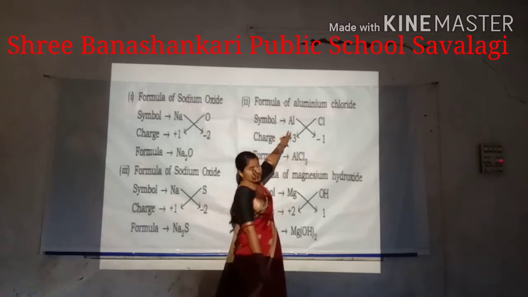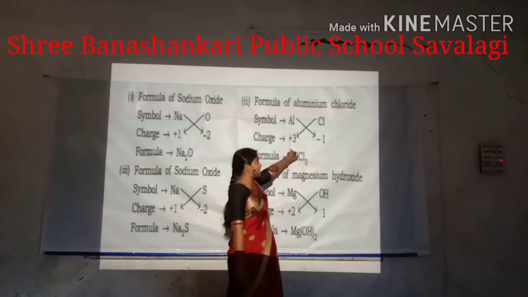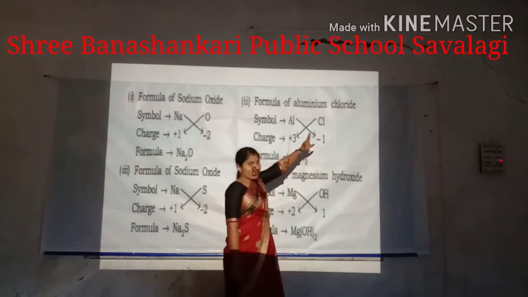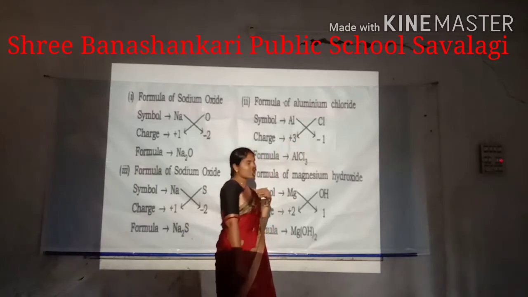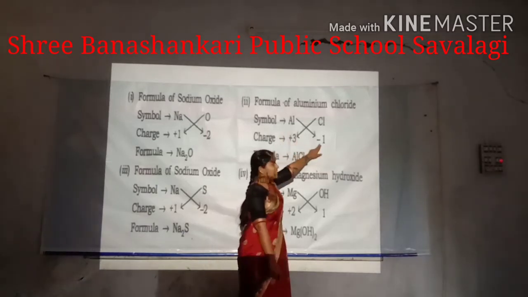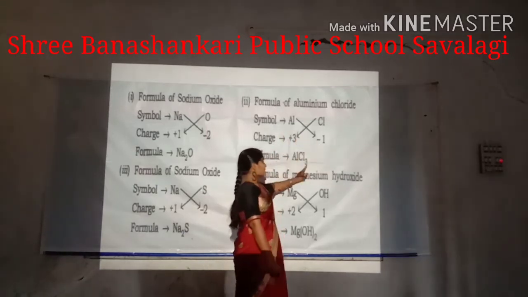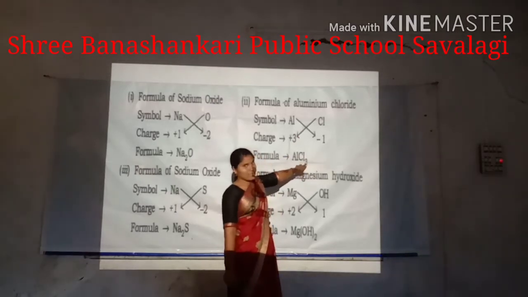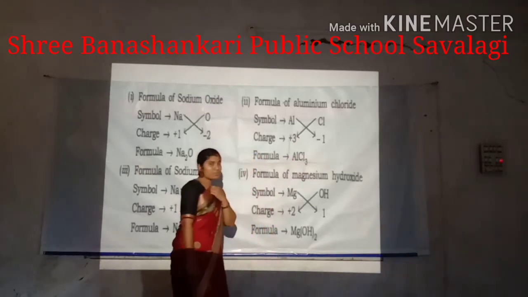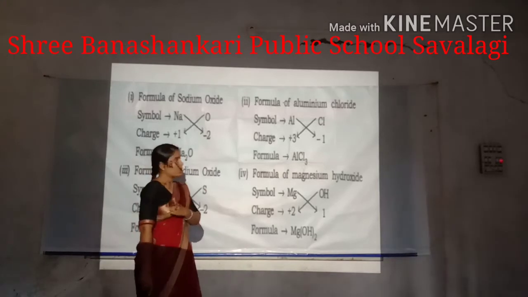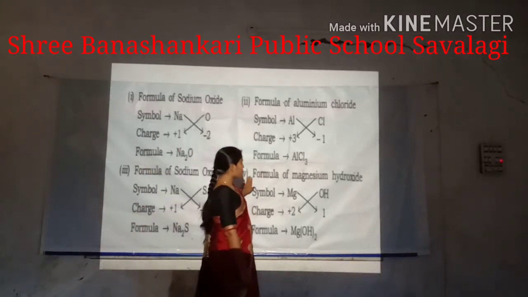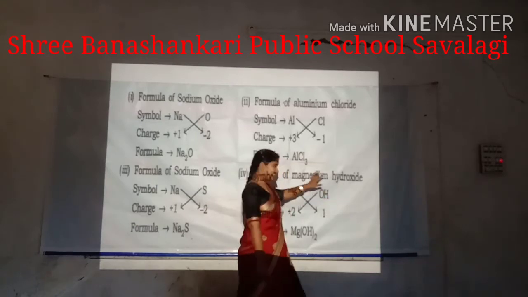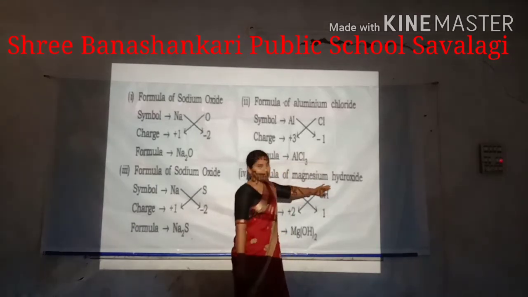The valency of aluminum is +3 and the valency of chlorine is -1. Now cross multiply the valencies, and AlCl3 is the chemical formula of aluminum chloride. And in the same way we have another example, magnesium hydroxide.